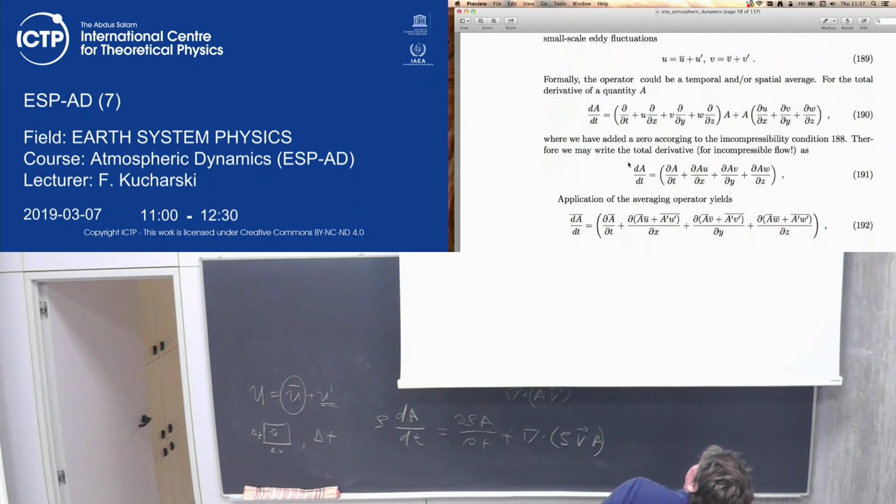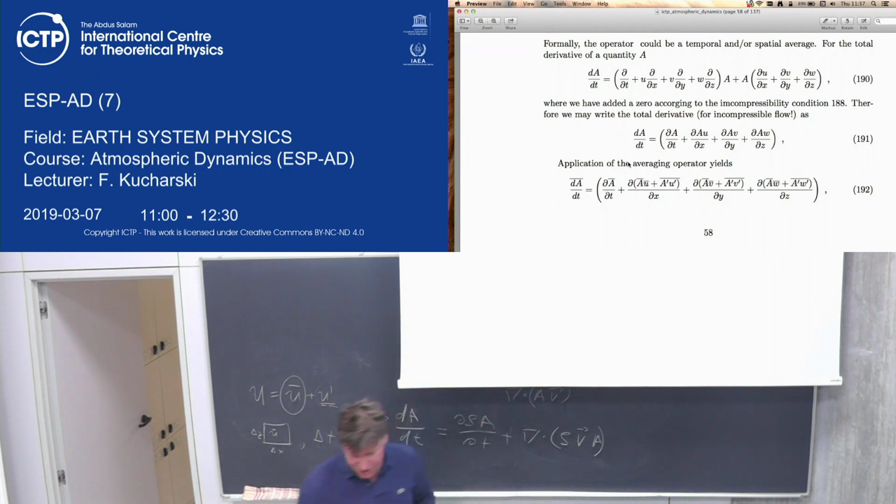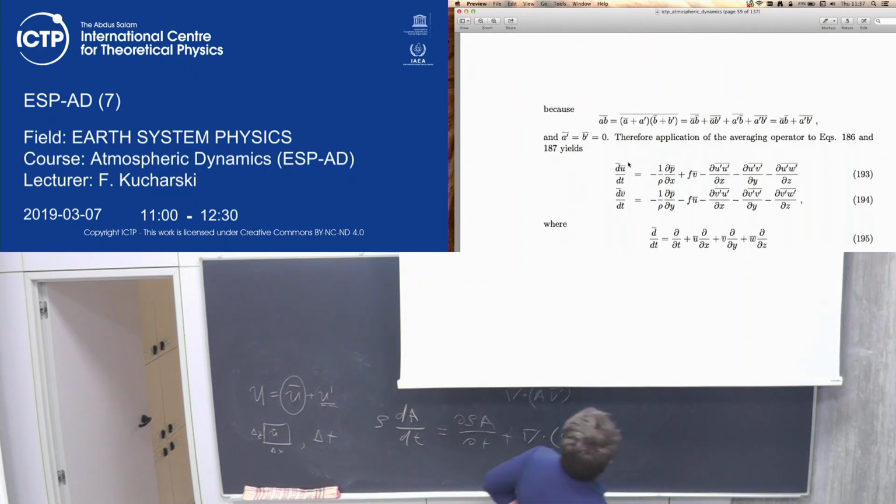Let's keep it simple. So in principle, if we now apply the averaging operator to the total derivative, we can write it down this way. This is because averages of perturbation quantities have to vanish.